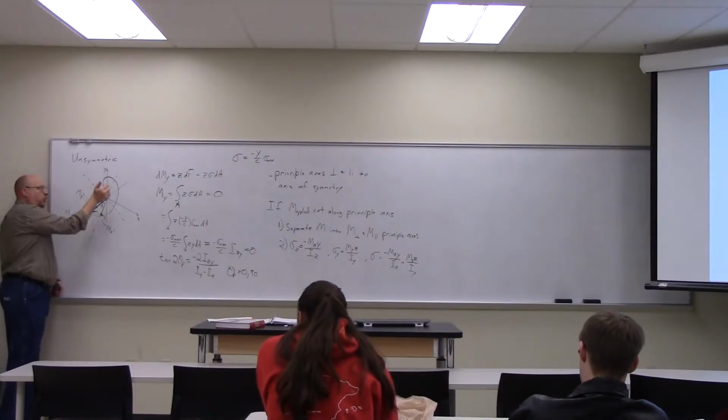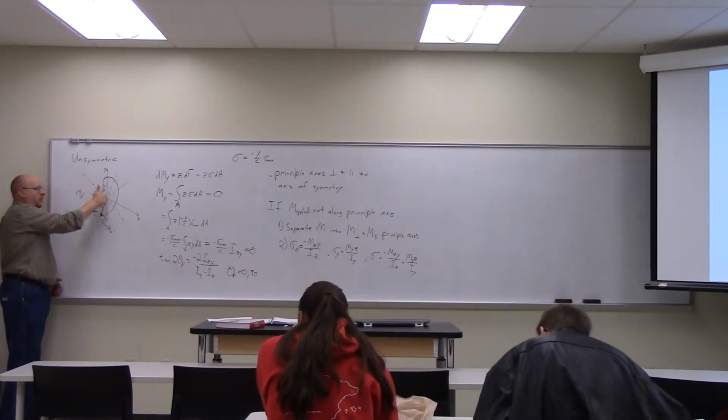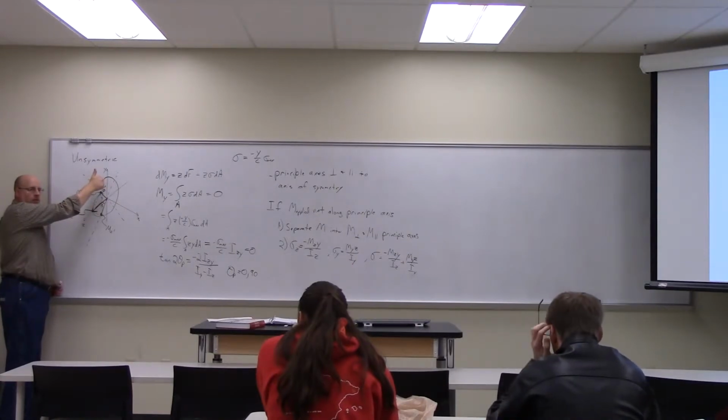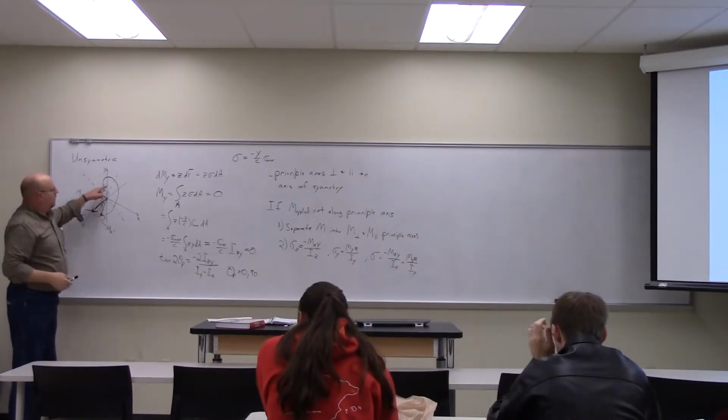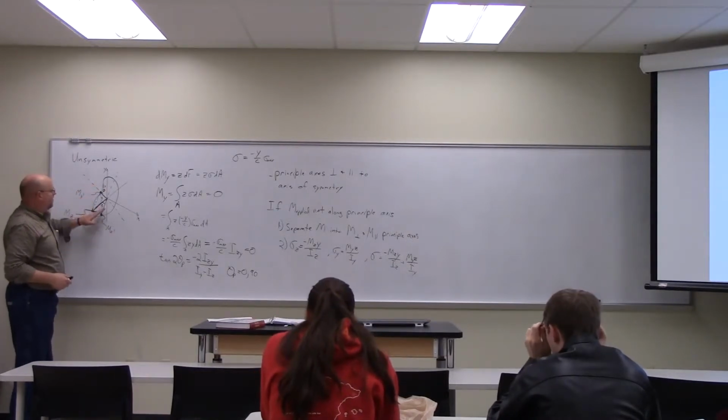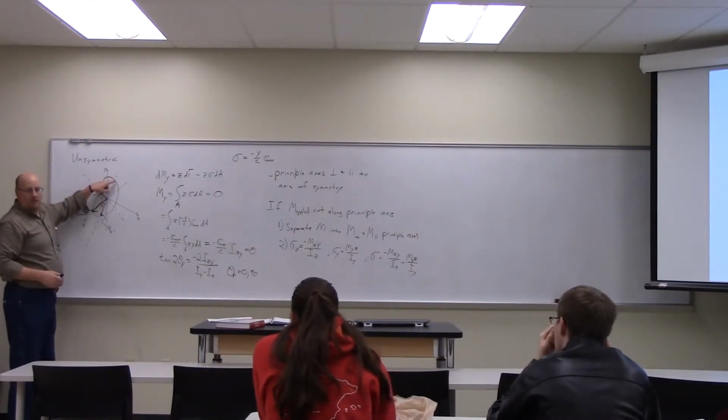If I'm pushing on there, I have compression there, then I get a force pushing there, then I get a positive moment on the y-axis. So a positive z gives rise to a positive moment.